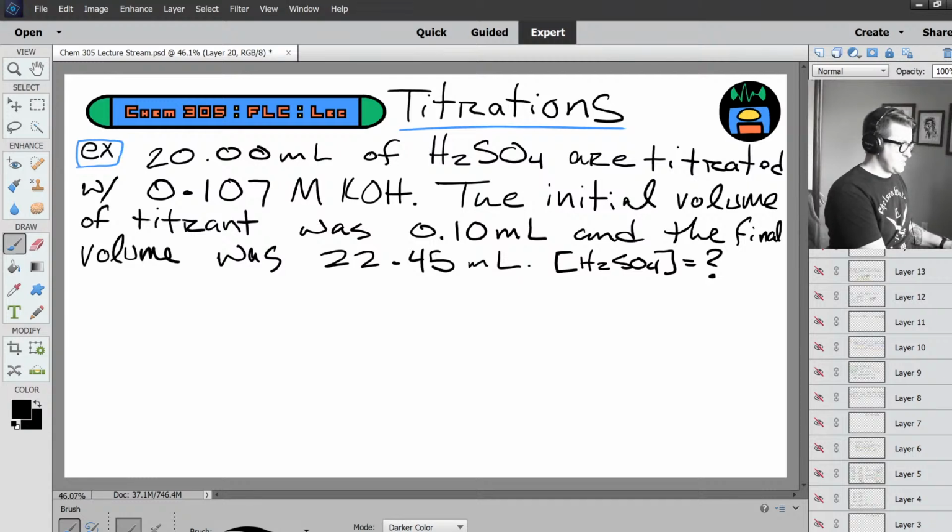The titrant is the known concentration. But either can be an acid or a base. In other words, it changes problem to problem.